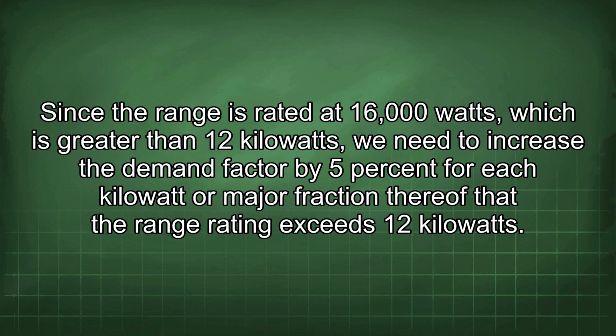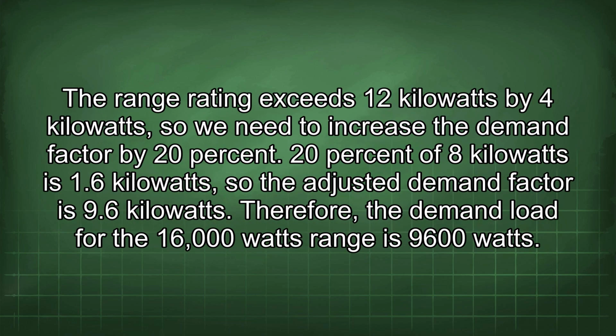Since the range is rated at 16,000 watts, which is greater than 12 kilowatts, we need to increase the demand factor by 5% for each kilowatt or major fraction thereof that the range rating exceeds 12 kilowatts. The range rating exceeds 12 kilowatts by 4 kilowatts, so we need to increase the demand factor by 20%. 20% of 8 kilowatts is 1.6 kilowatts, so the adjusted demand factor is 9.6 kilowatts.